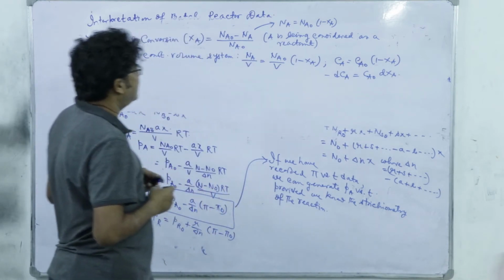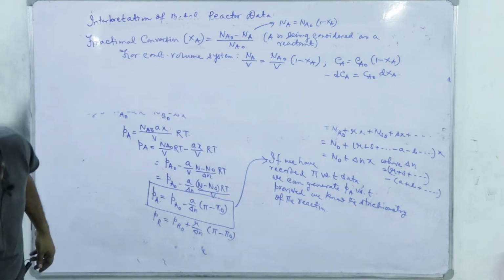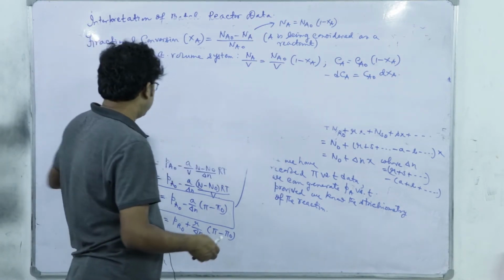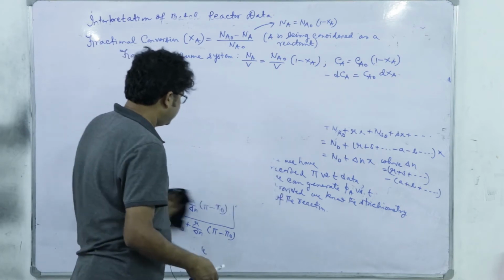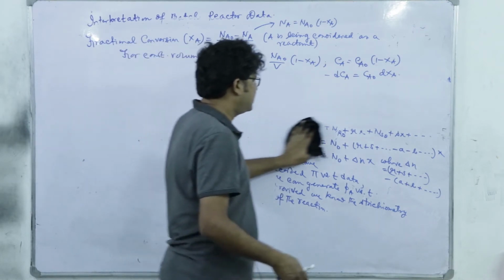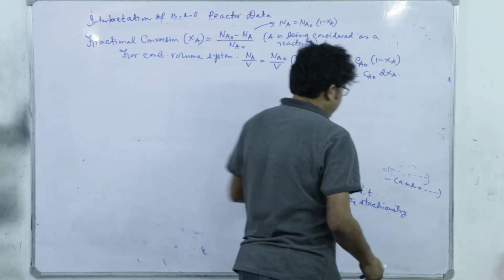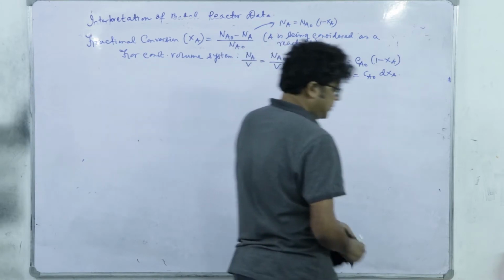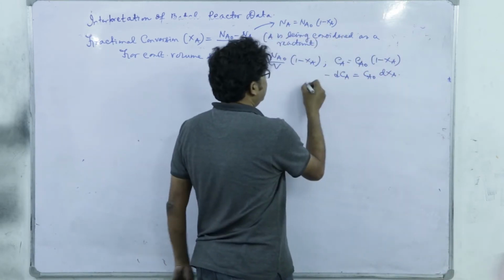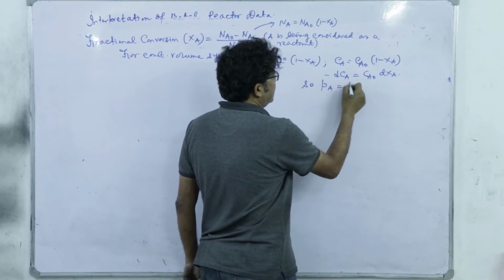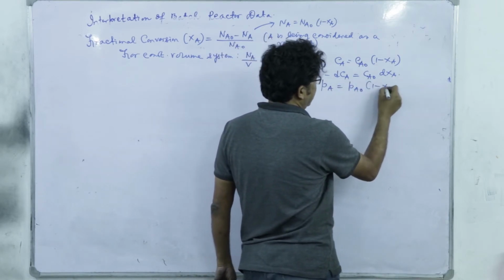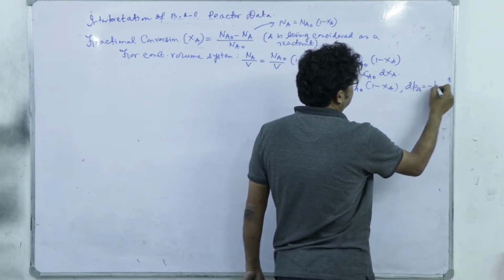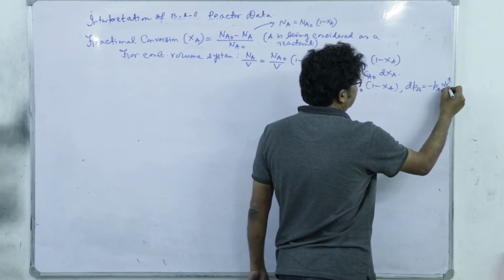With that basic understanding of constant volume systems, how to represent the concentration and how to convert the total pressure data to partial pressure, and partial pressure can be further changed into conversion. Conversion is independent of whether I am using partial pressure or concentration. So Pa is also equal to Pa0 into 1 minus Xa for constant volume, and dPa is equal to minus Pa0 into dXa.